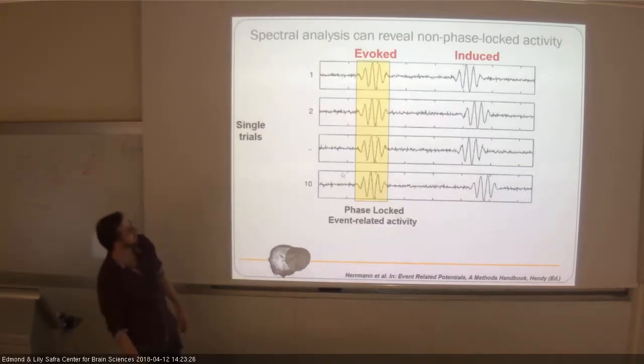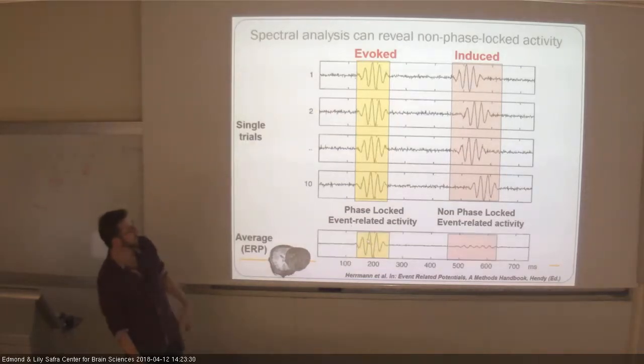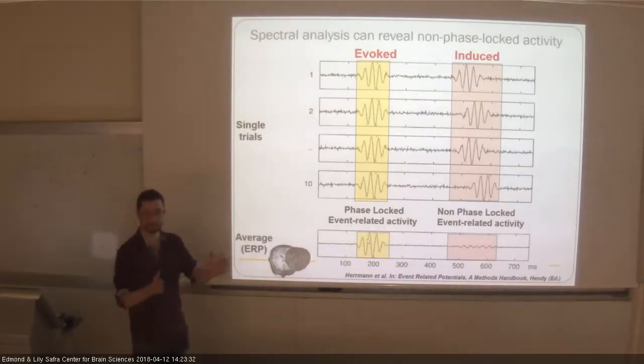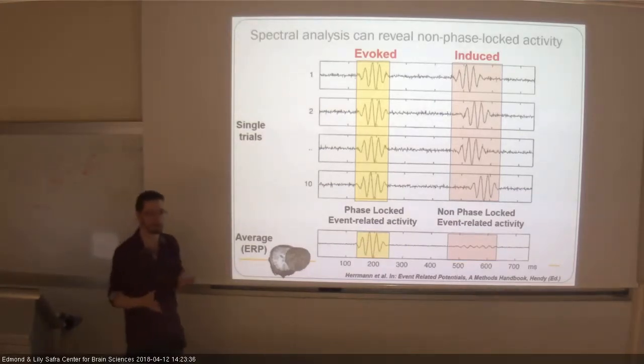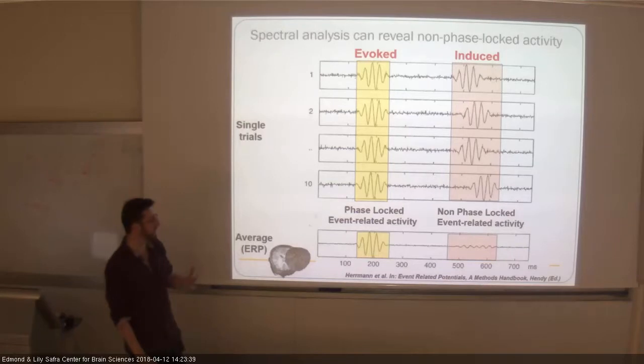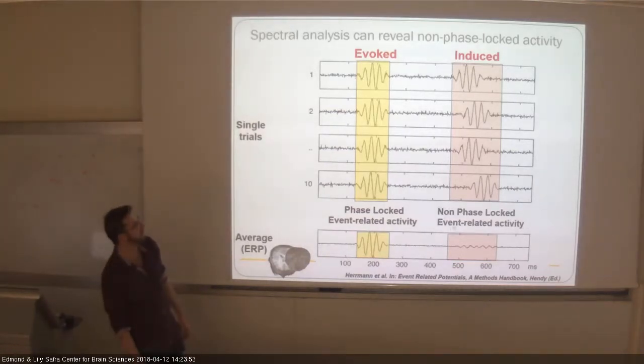When we average these responses, we get this phase-locked activity that has the same phase relation to the onset of whatever we defined our trial as. If this kind of activity is not phase-locked, there's definitely a consistent response, but it doesn't have a consistent phase relation to this time point, so this gets cancelled out.